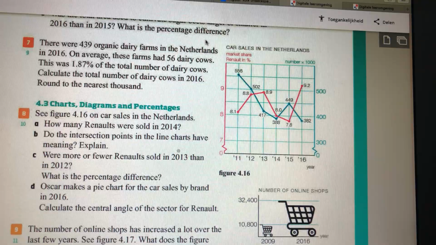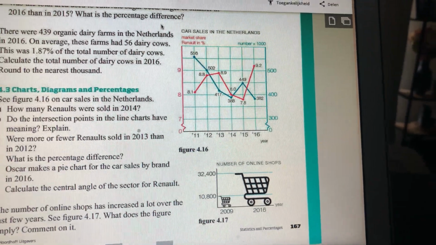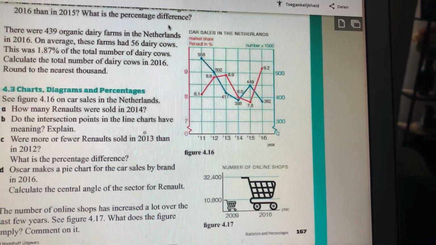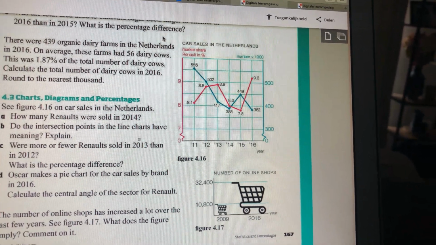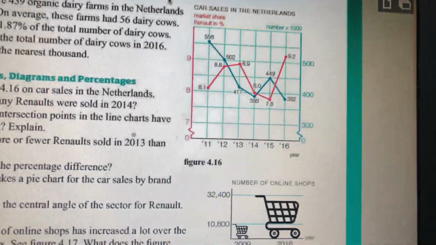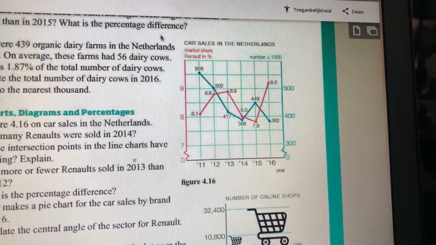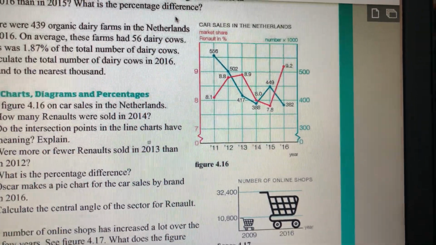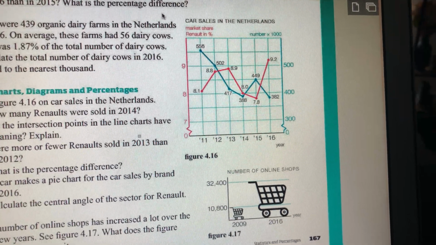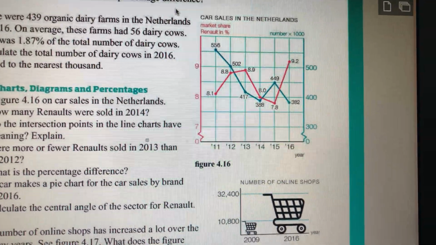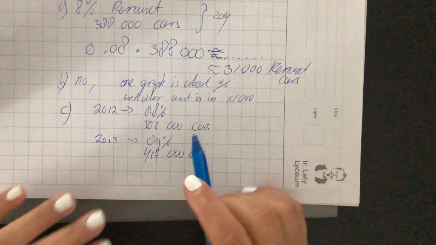Our information for 2013 is 8.9%, and the cars dropped to 417,000 cars. So you can already think, were more or fewer Renaults sold? Well, 8.8% of 502,000, is that going to be more or less than 8.9% of 417,000 cars? So it's a close call, but let's really calculate it.